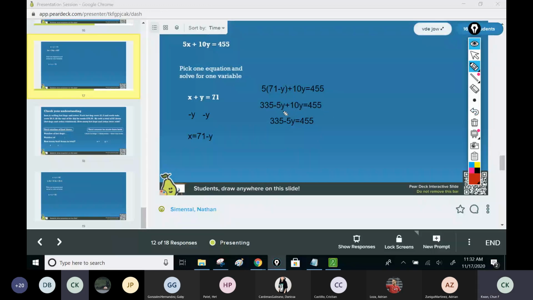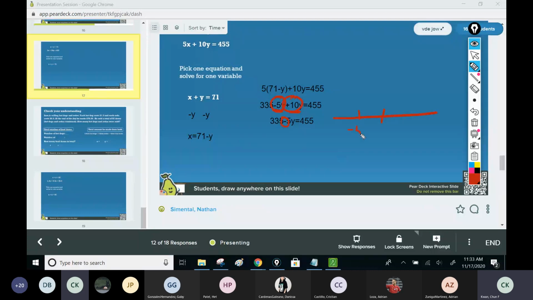All right, and then combine the like terms. So minus 5y plus 10y. If I owe you $5 and then I pay you back $10, do I still owe you or no? So you are at -5, right?